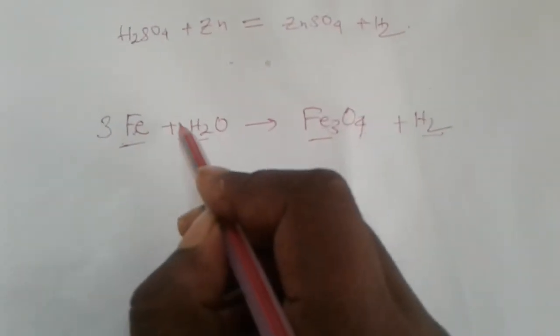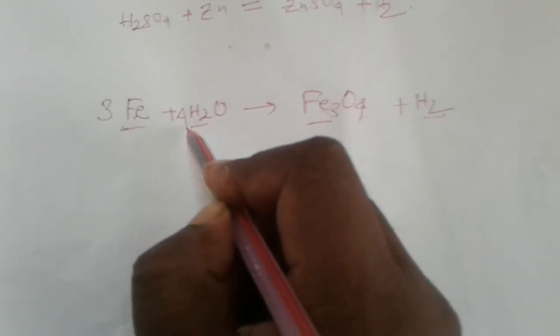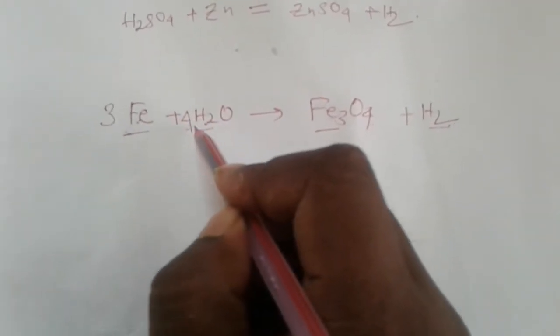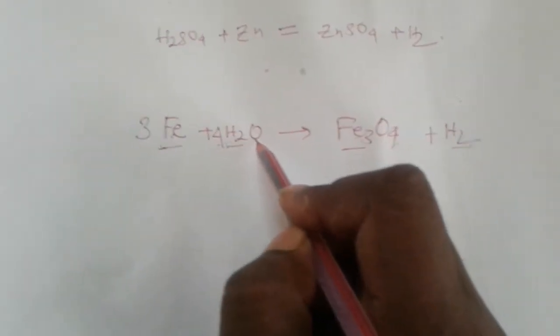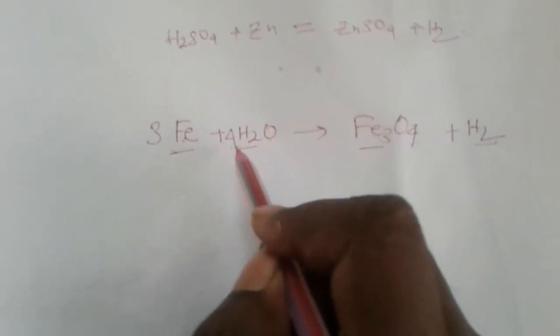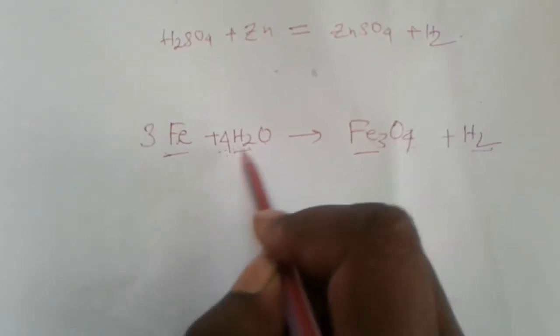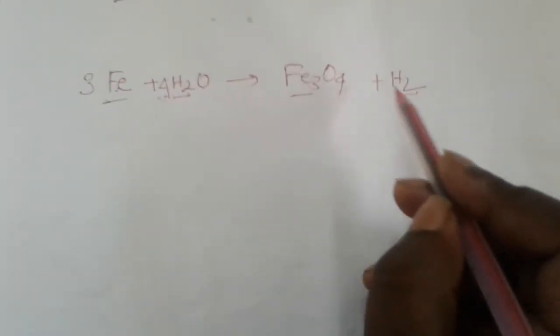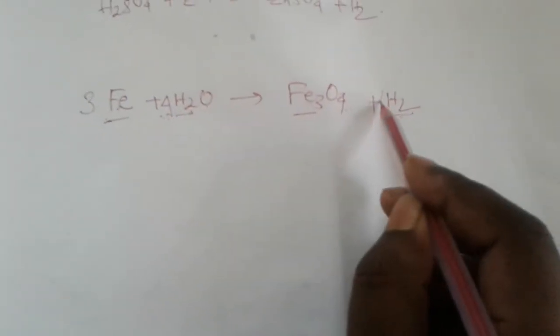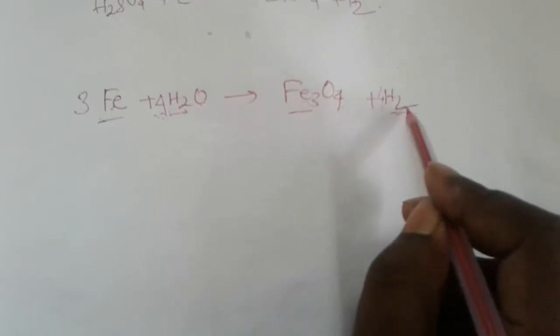So if we multiply H2O by 4, then 4 H2O means total 4 oxygen atoms. Oxygen will be balanced. Now a problem comes here: hydrogen becomes 8, and in the product side how many hydrogen is there? Only 2. So if we multiply this by a factor of 4, it will make it equal.